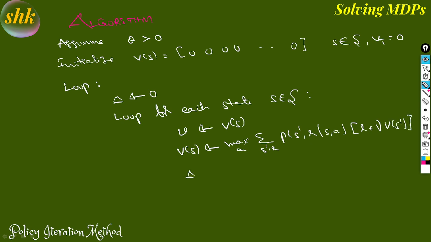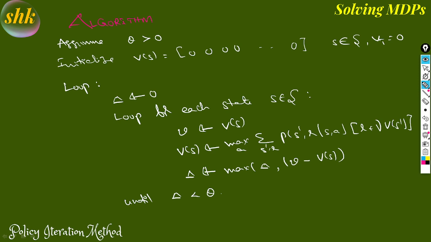Then we update delta, where delta is given as the maximum of the previous delta and the absolute difference between the old value v and the newly computed V of s. This will be iterated until the delta value is less than theta.